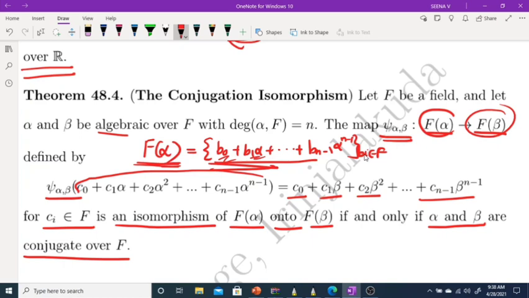Once again, I am repeating the statement. Let F be a field and let alpha and beta be algebraic over F with degree of alpha over F equal to n.